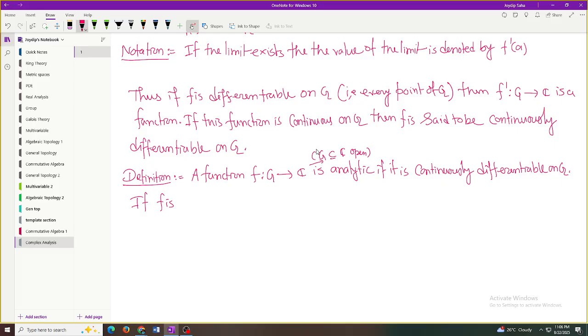If f is analytic on C, then it is called an entire function.